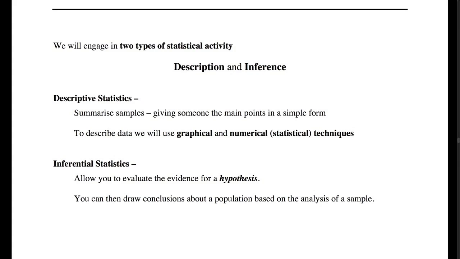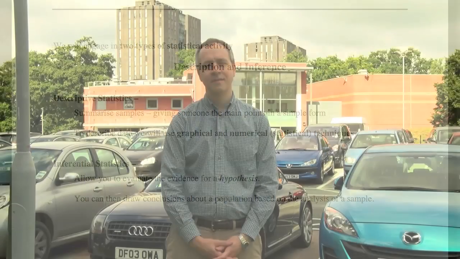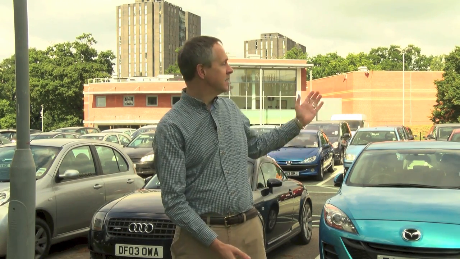Now, to do that, I'm going to take you outside. So, as an exercise in drawing conclusions from data, let me tell you about a study by two researchers named Rakow and Zhuan. They were interested in driver behaviour, and so they came somewhere like this to a car park, and what they wanted to look at was how long it took people to leave their car parking space.